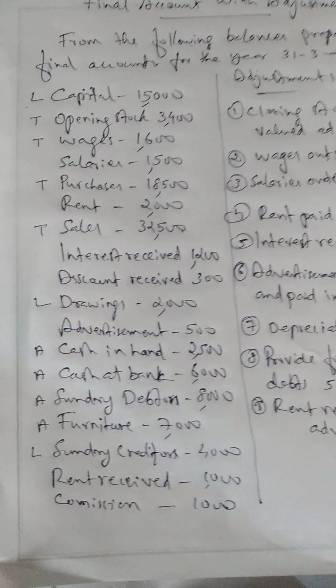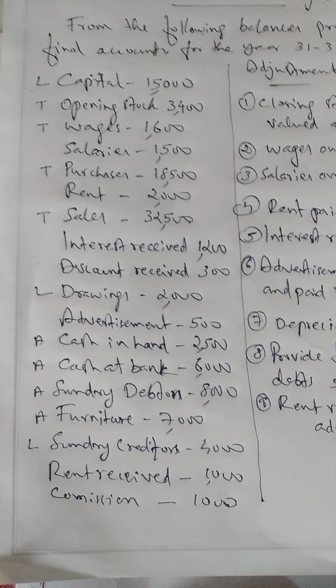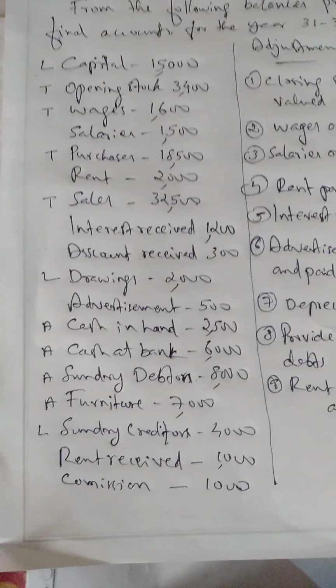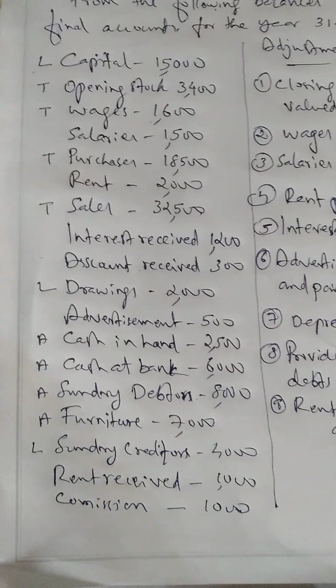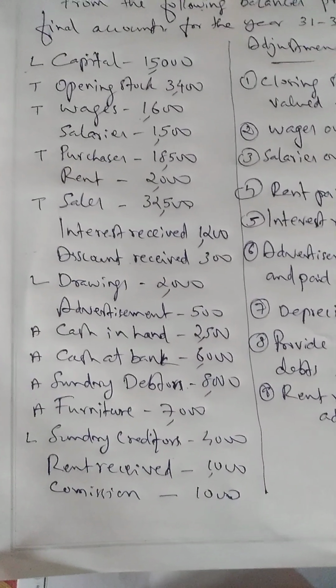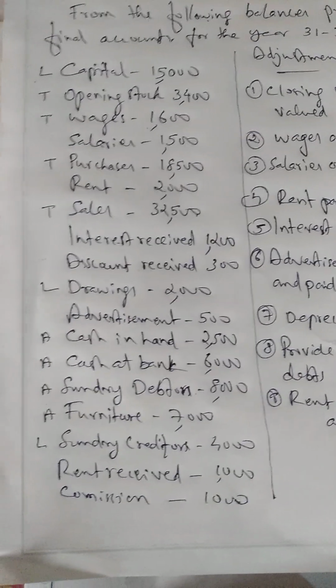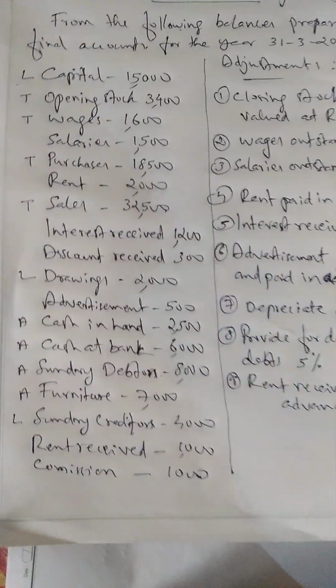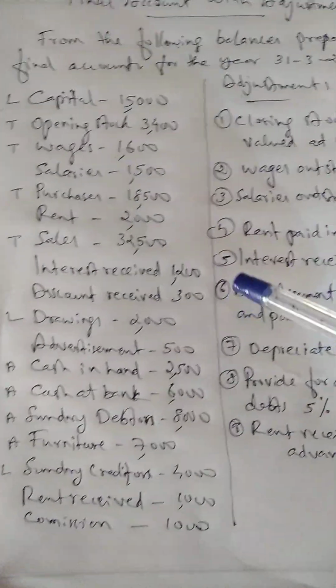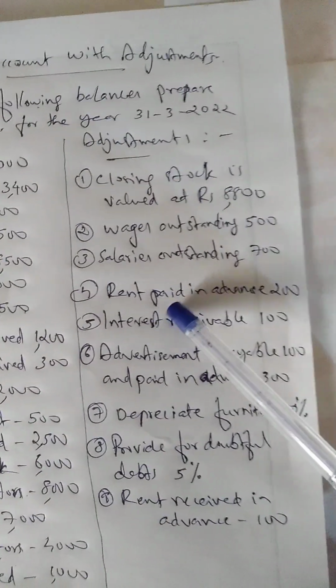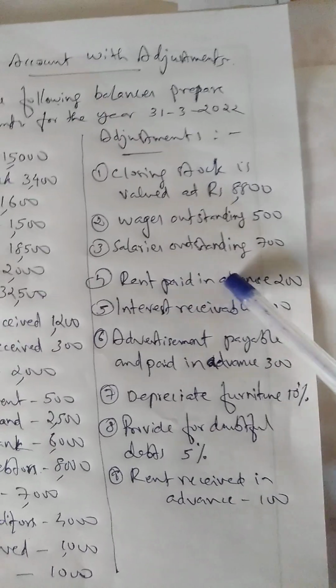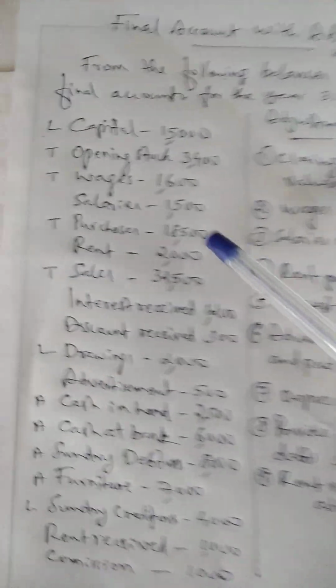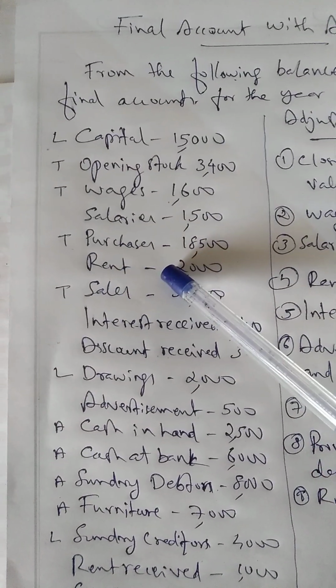We already discussed that all incomes have a credit balance and all expenses have a debit balance. I think you remember that we discussed this in the last video. So come to this adjustment here, rent paid in advance. The concerned item of rent paid in advance is here, which is rent.